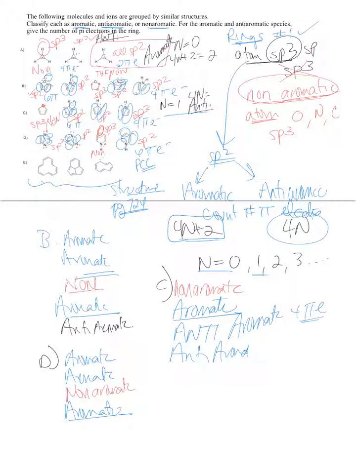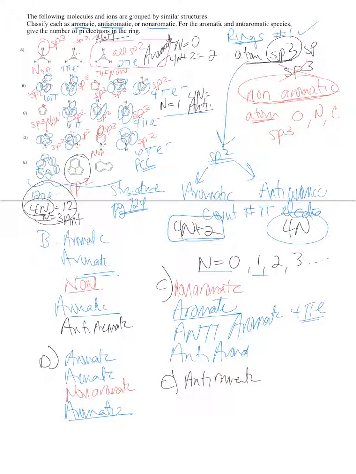But here, you can see that all of these have sp2 centers, and if you draw the resonance structures, you would be able to see this. You count the pi electrons, 1, 2, 3, 4, 5, 6, 7, 8, 9, 10, 11, 12, 12 pi electrons, and you see that that actually meets the 4n, because n equals 3 equals 12. So 4n is anti. So for E, that would be anti-aromatic.